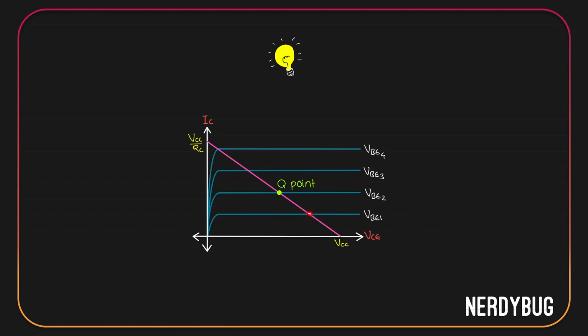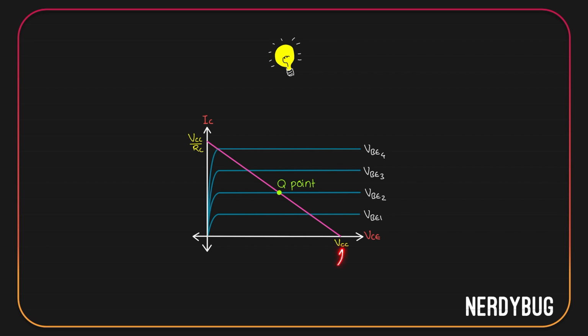My Q point would be over here. The same way, if I chose VBE3, the Q point is going to be over here. For VBE4, it is going to be here. So for different base emitter voltages, the Q point is going to move up and down on the DC load line.